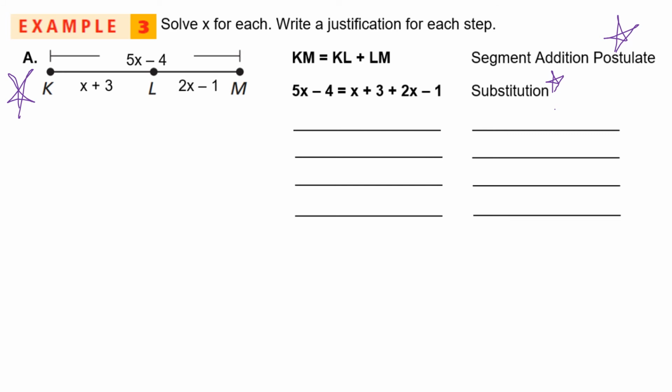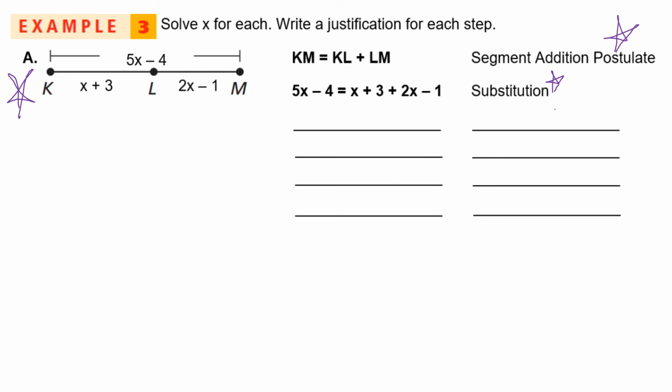We will talk more about the segment addition postulate in a couple of days when we talk more about segments. But right now, just know that this is segment KM, and that's the 5x minus 4, and we substituted for it.